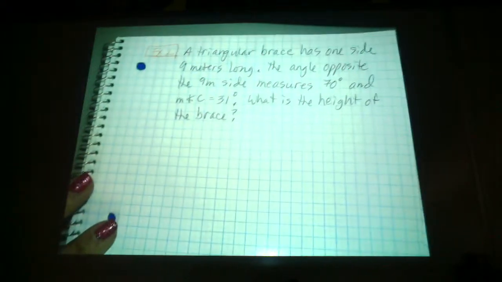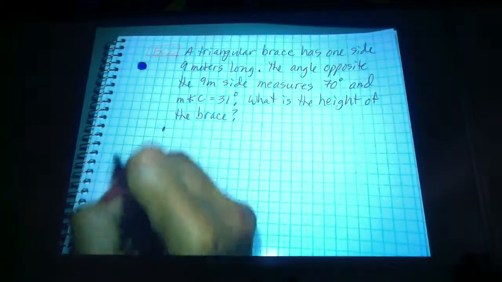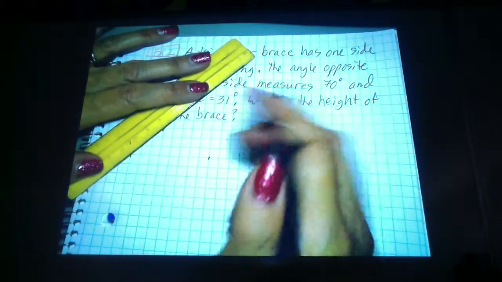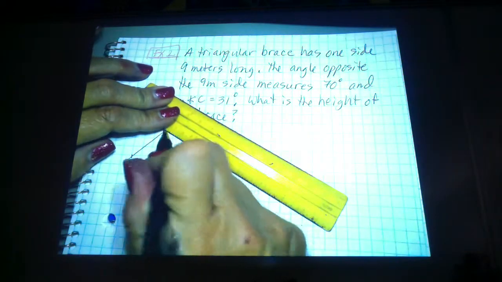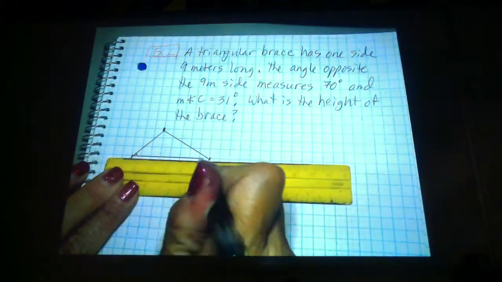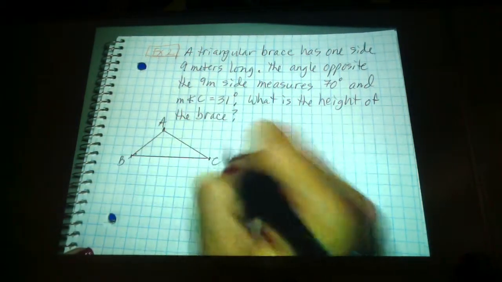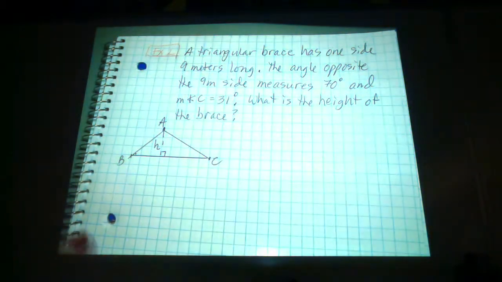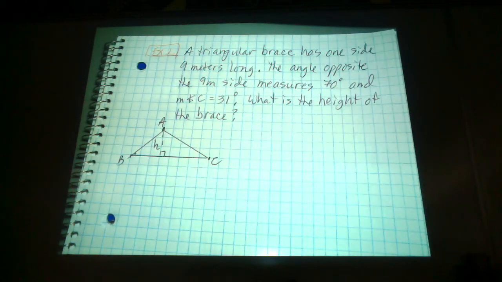So this one would be really handy to have a picture with. Fortunately, you would be given a picture with this particular problem. So here's what the brace looks like. So this is your triangle ABC, and then this would be the height of the brace, so that's your H. And so I'm going to put in here what they have given me.